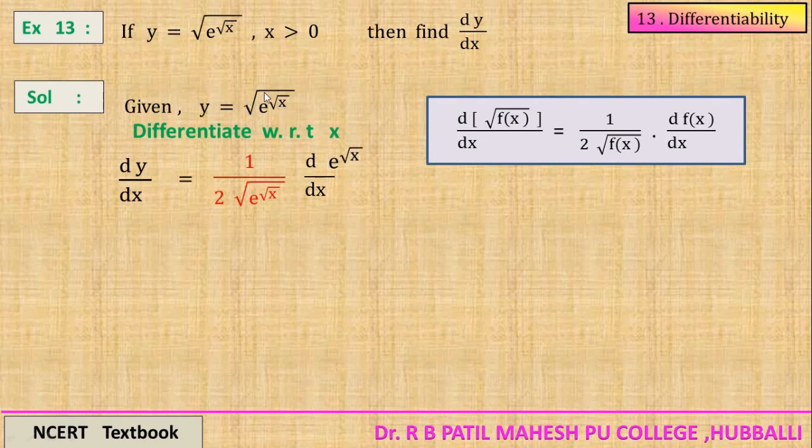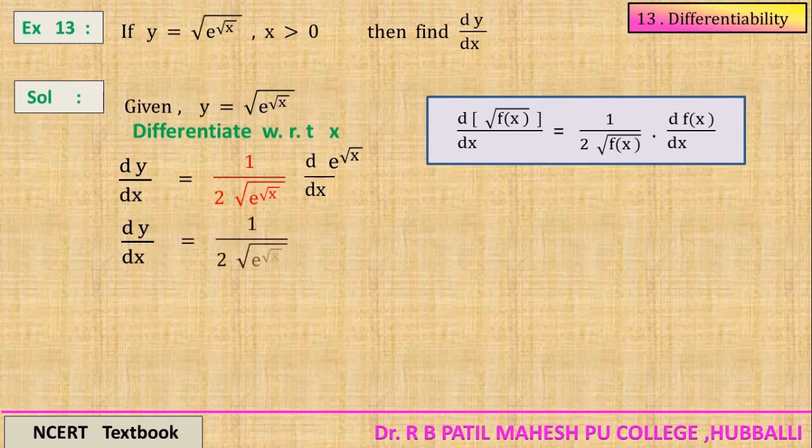Once again I repeat, first root function derivative 1 upon 2 same function, that is entire function, d by dx of inside root what function is there, that one, that is e raised to root x. I hope it is very clear writing derivative of root function.